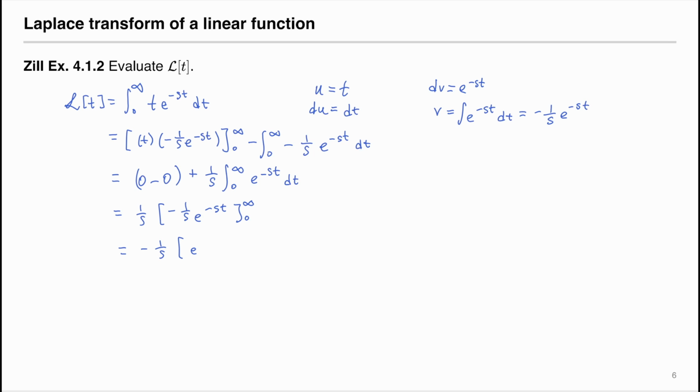We have e to the negative s times infinity minus e to the negative s times 0. e to the negative infinity is 0, and e to the 0 is 1. So the negative signs cancel. We have the Laplace transform of a linear function t is 1 over s squared.